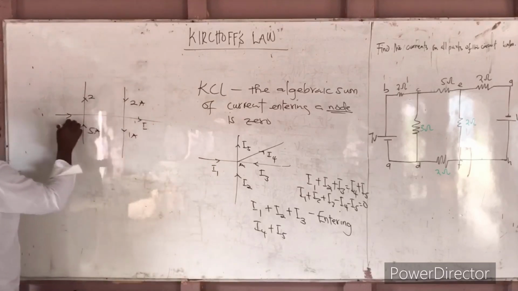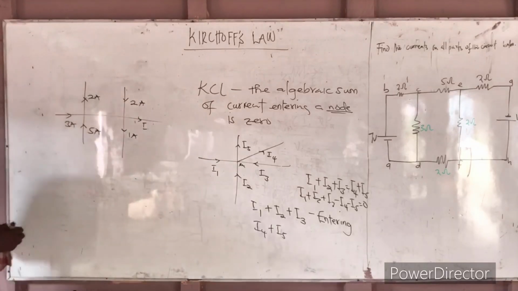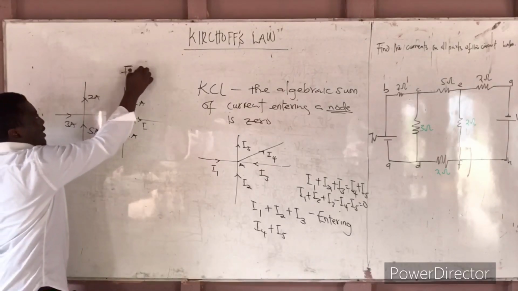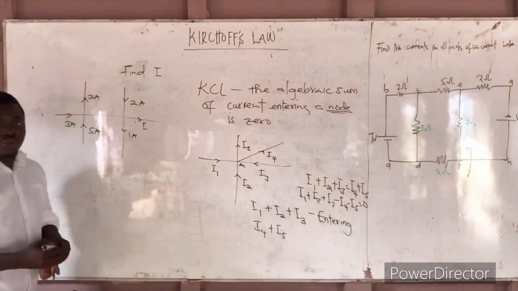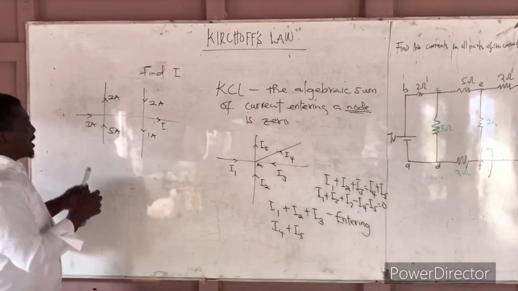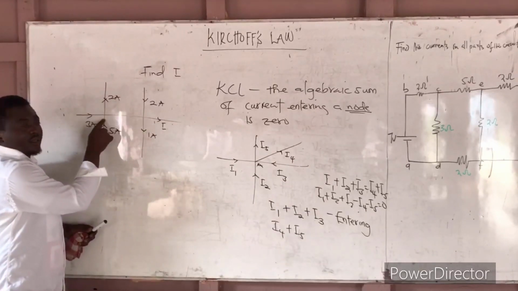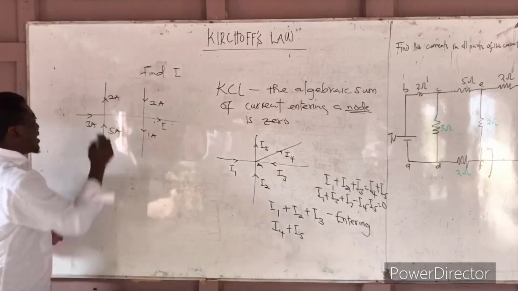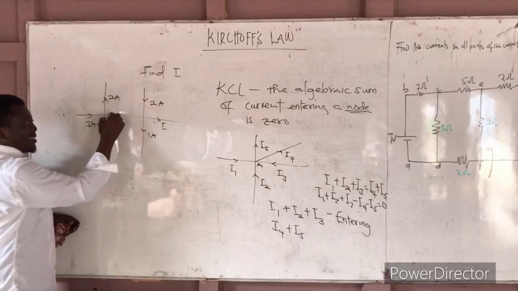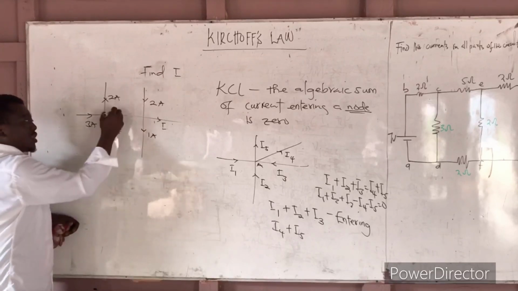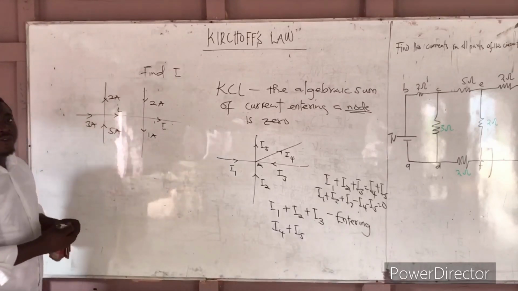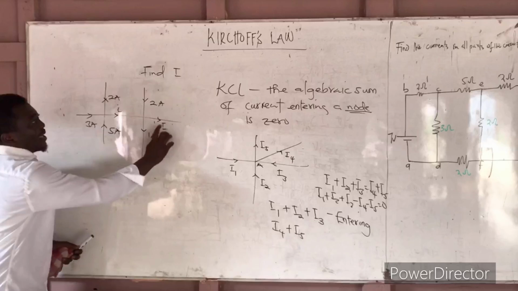The question will ask you to find I. How are you going to find this I? First, you must know that we are talking of a node here. On this node, this is entering, this is leaving, this is entering. But there should be something happening to this one, so this one too will be leaving. So you introduce small i, and you have to first find the small i before you can get the big I that the question wants you to find.